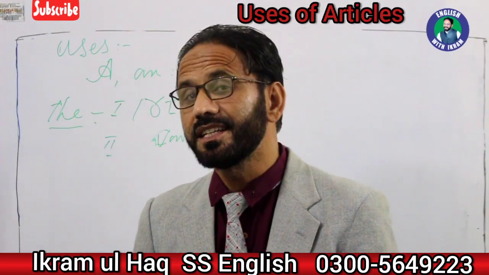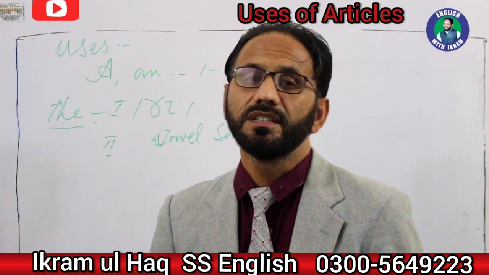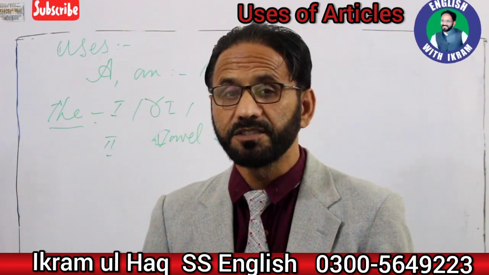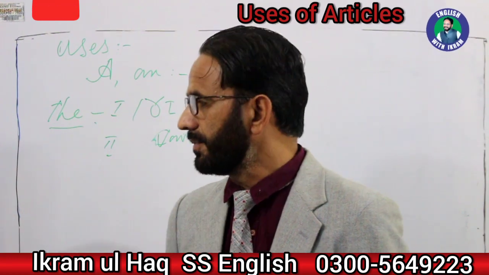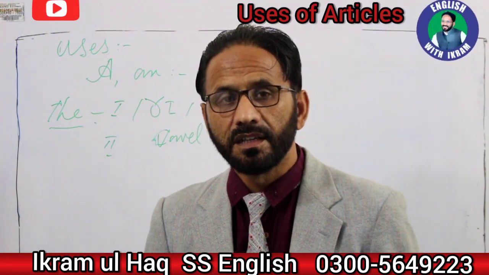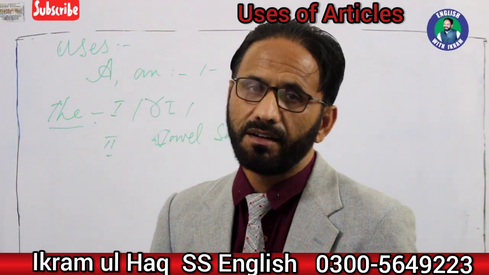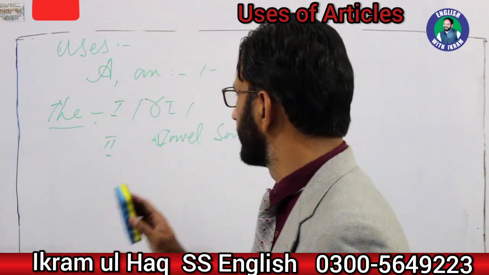She is the intelligent girl, because the word intelligent starts with a vowel sound. He is the honest person. If a word starts with a consonant sound, then we pronounce it "thuh". This is a slight difference between these two pronunciations.